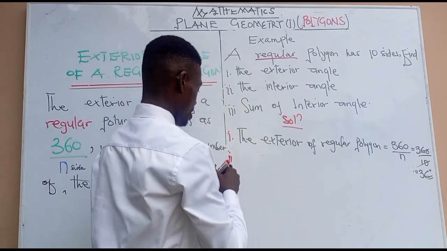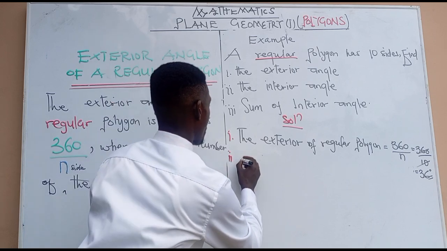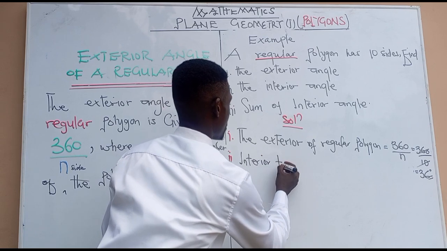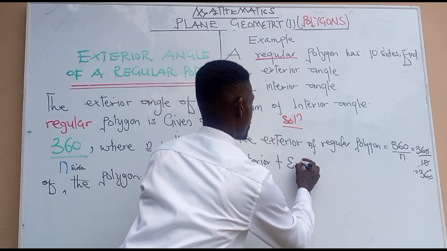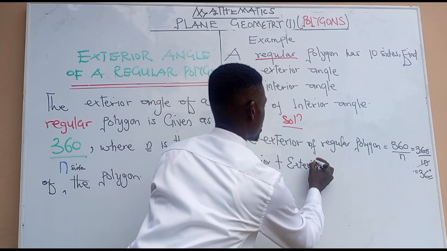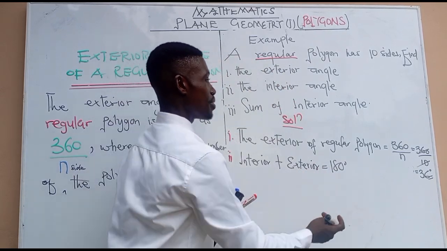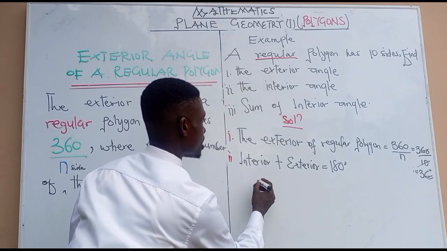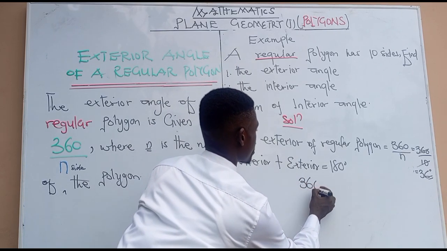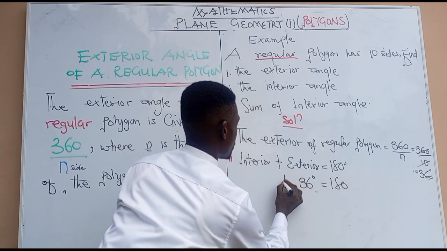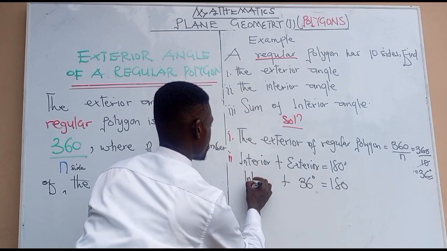So the interior angle plus exterior angle is equal to 180 degrees, and we know that the exterior angle is 36 degrees, but we don't know the interior angle.